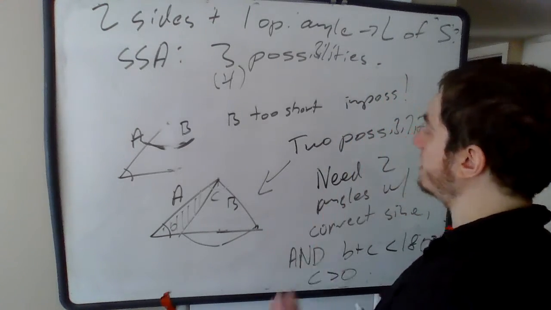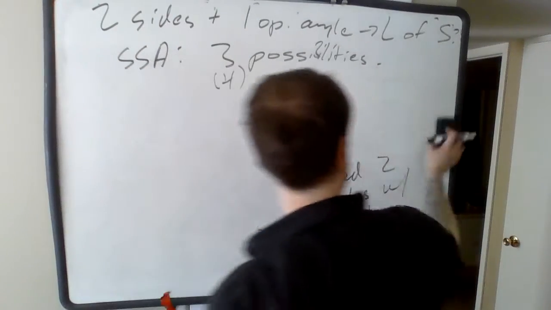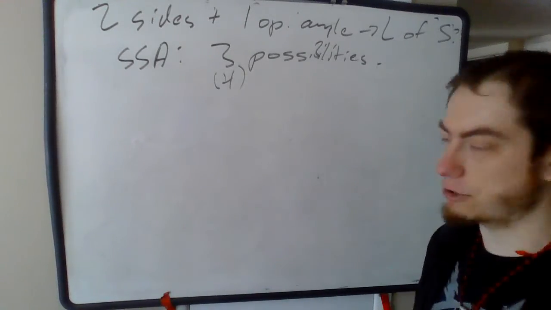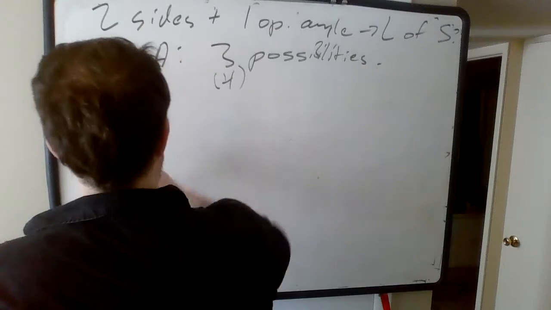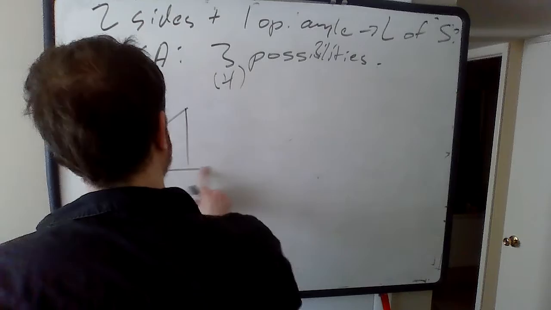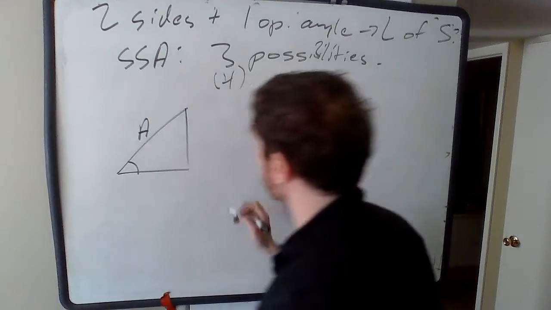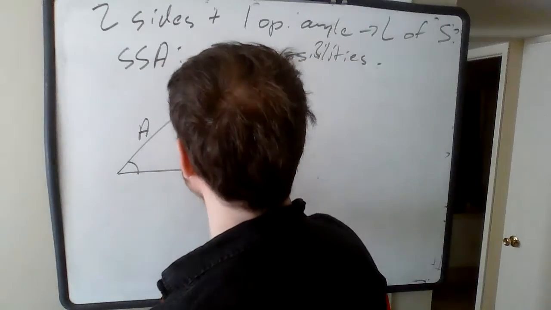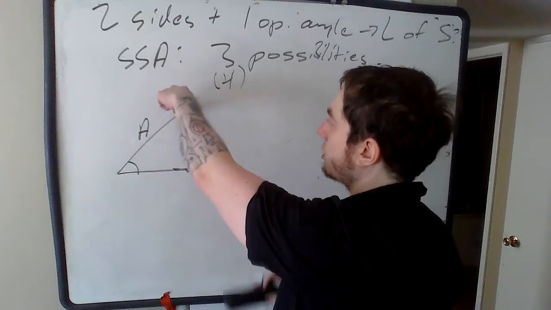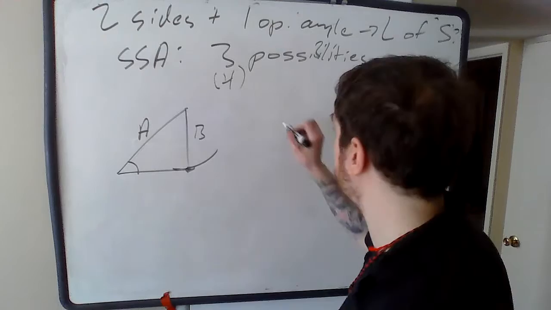One final possibility, which is sort of a fourth possibility, but not entirely. It sort of behaves like what we just saw, but it's actually just a single solution. The final possibility is that you actually end up with a right triangle. So it's possible that I give you some angle and some side here, and then I give you some side of length b, such that there is only one solution because b is just long enough to get from this point down to this line segment at exactly 1 point.